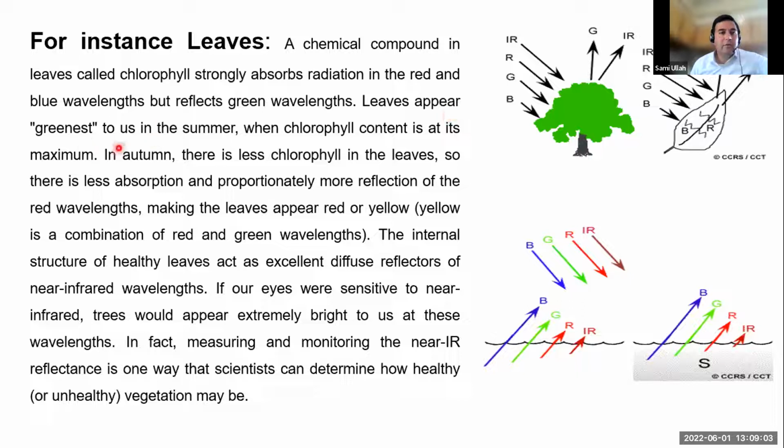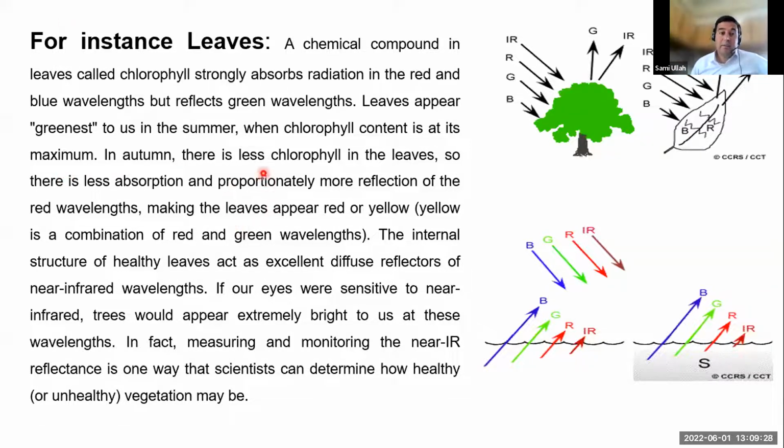Leaves appear greenish to us in summer when chlorophyll content is at maximum. If you compare the spectral response of vegetation in different seasons, in summer it will give you the highest response, only because the chlorophyll content in the summer is at the highest.